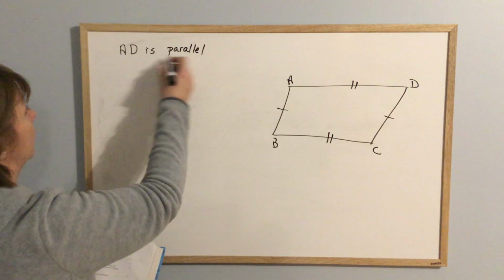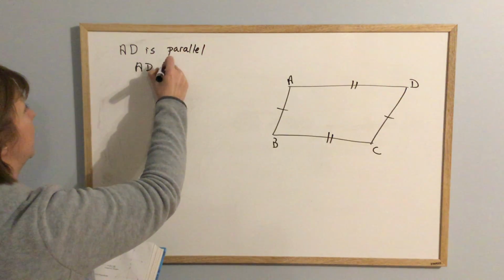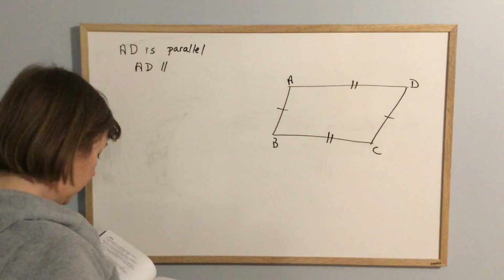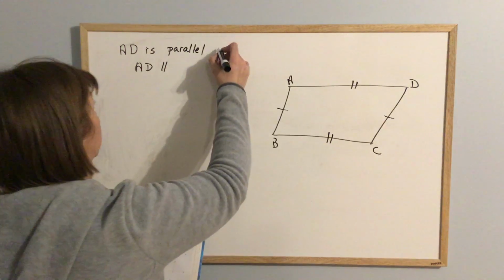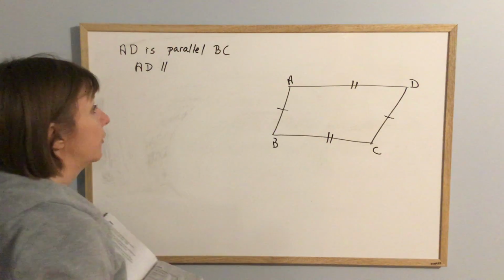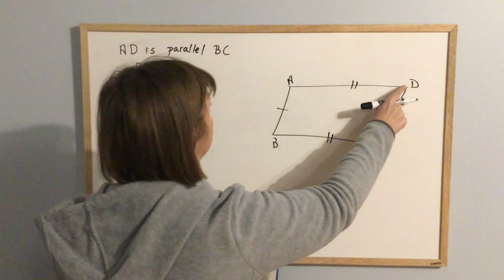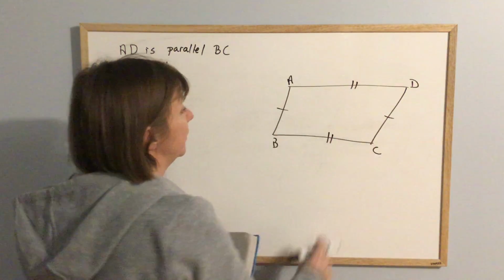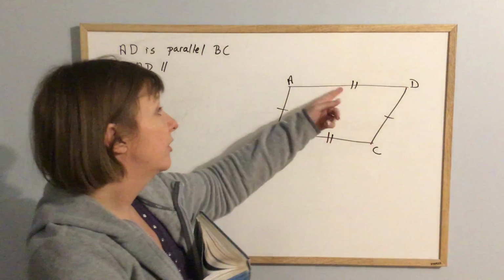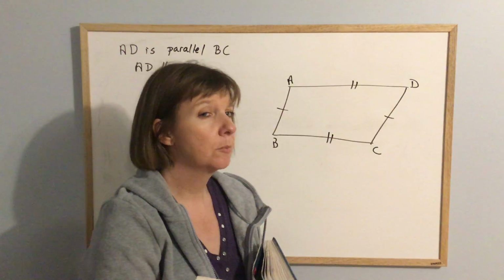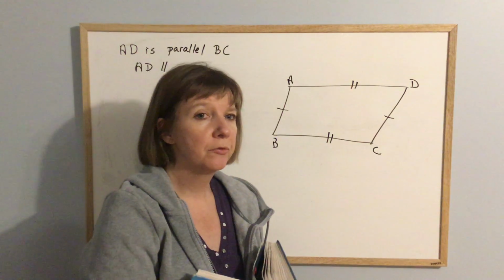In the textbook, they don't use the words; they say AD and put 2 parallel lines, meaning is parallel. The 2 ticks here tell us that they're equal lengths, but it doesn't tell us that they're parallel. So they want us to prove that they're parallel.